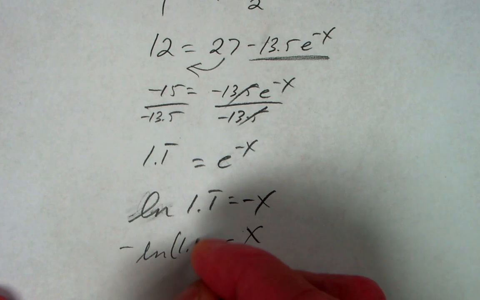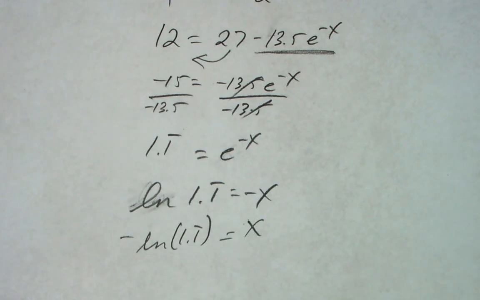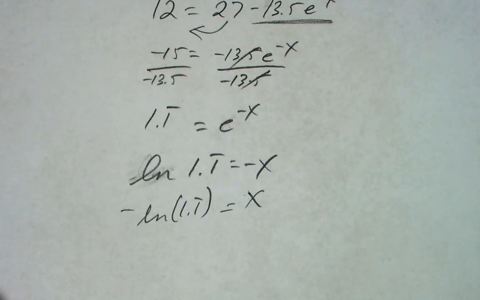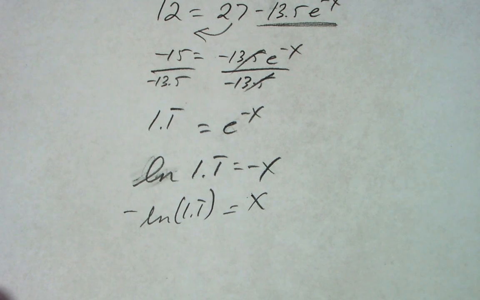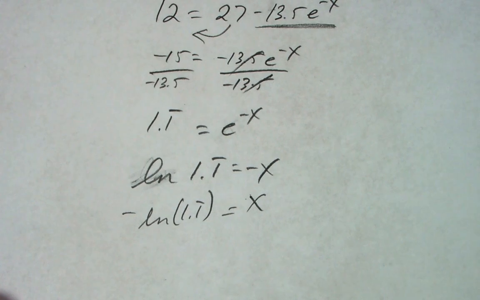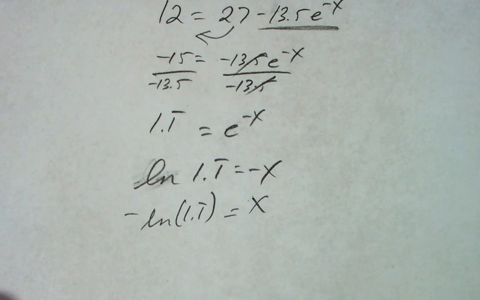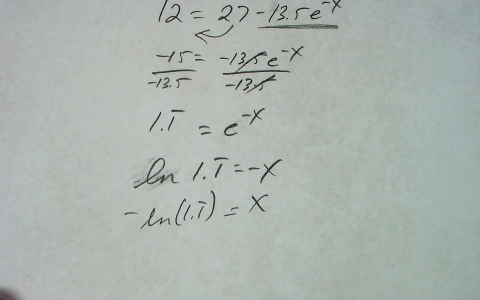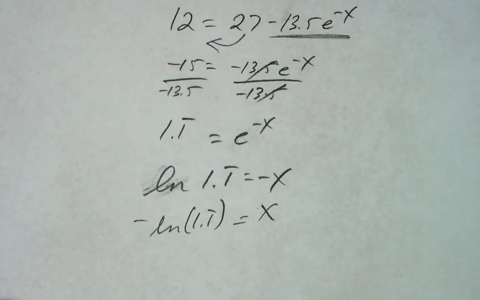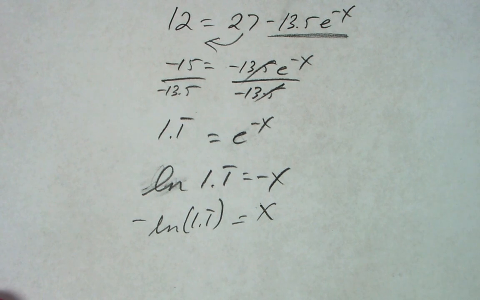So negative 0.095. Hmm. What do you get? Negative 0.095. Really? Okay, we don't agree with the book, so we've got an issue.